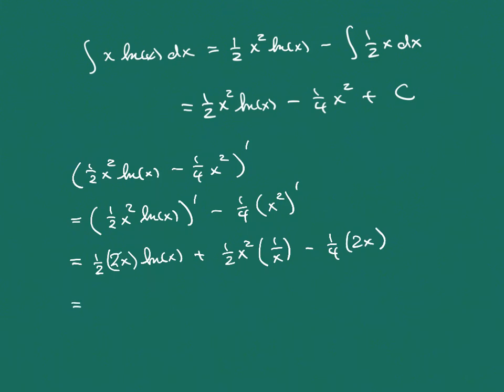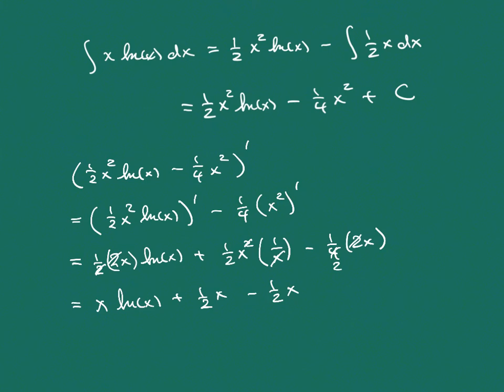So in the first term, our 2's cancel, so we just get our x ln of x. Our x's cancel in the second term, so we get a plus 1/2 x. Our 2's cancel in our third term to give us a minus 1/2 x.